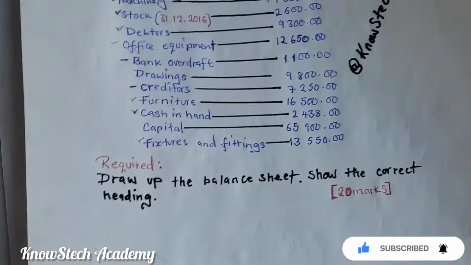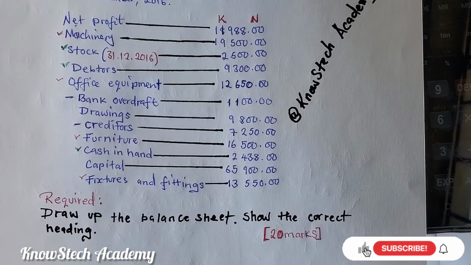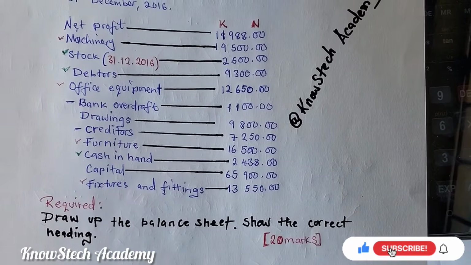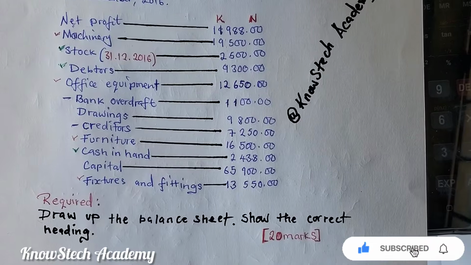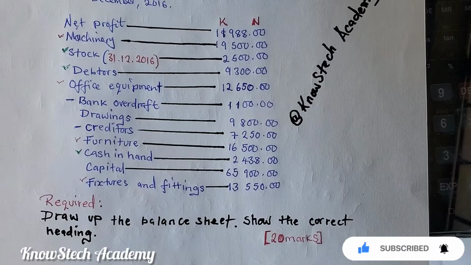But before we write add loans or add long-term liabilities, we check on the list if at all we have a loan or a mortgage, any long-term liability.